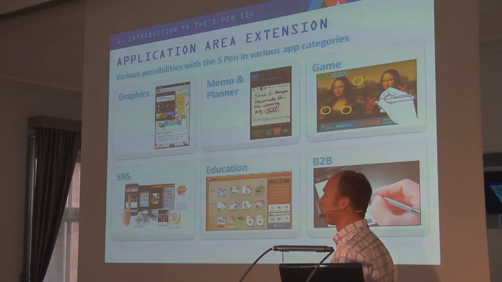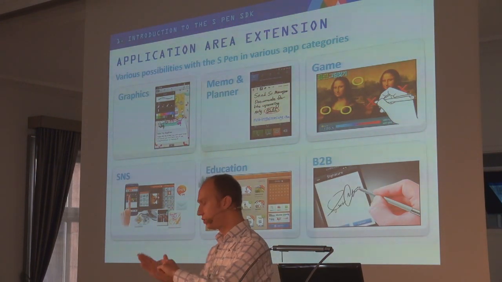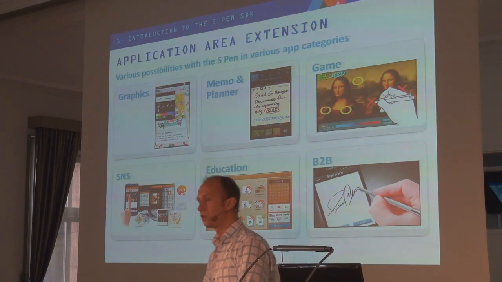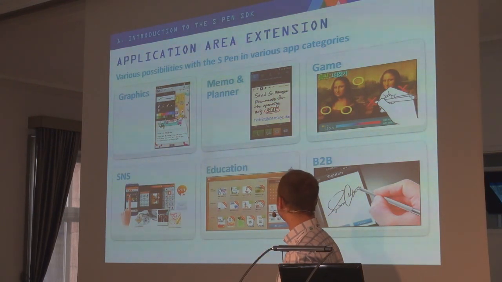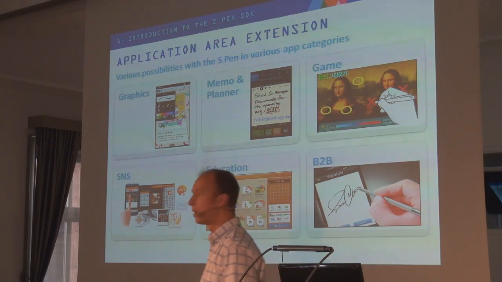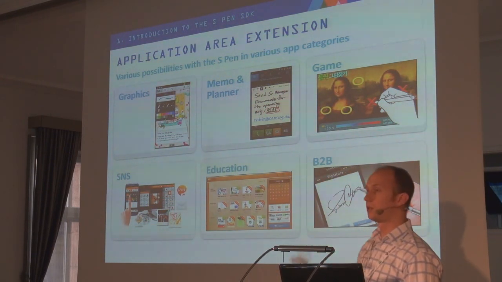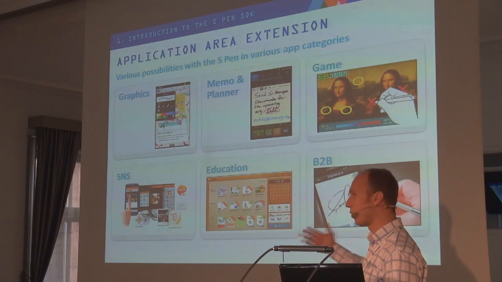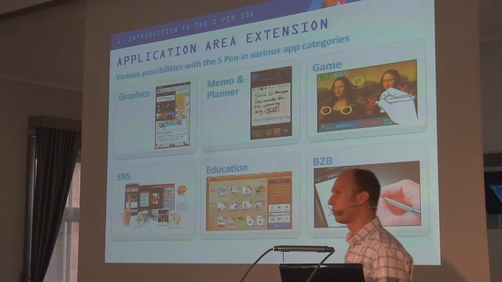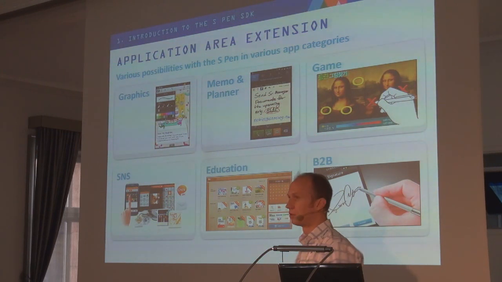Second, any kind of memo or planner, because you can easily select areas and make them look better. Also SNS applications, where you can share pictures and data, for education and business to business. And going through this presentation, you could see that it's also provided with signature.